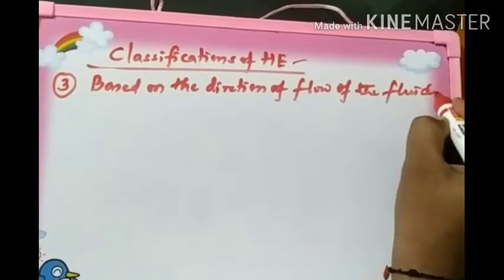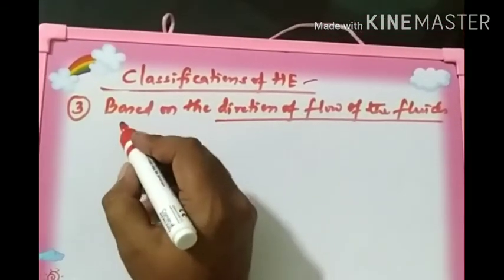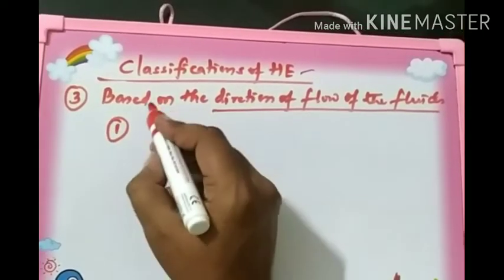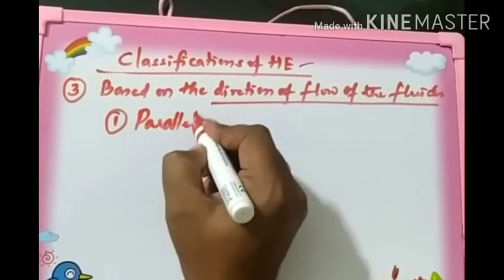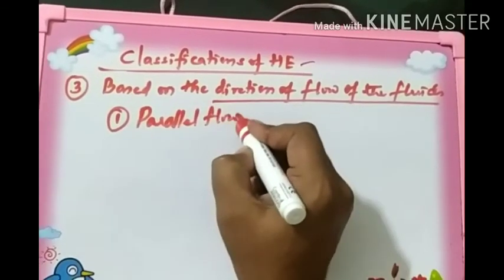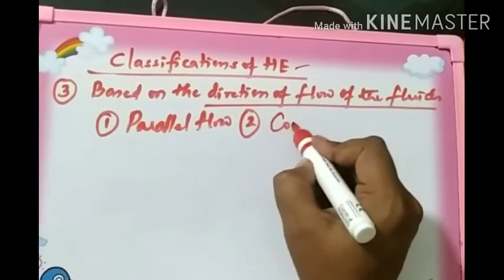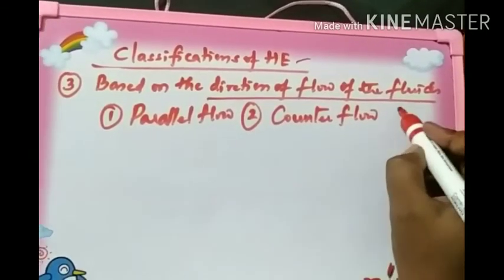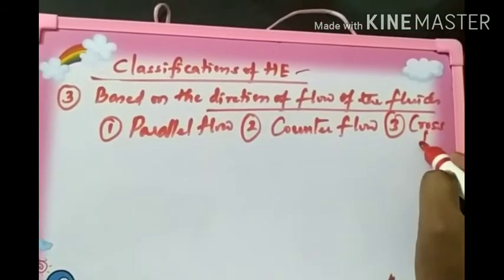Based on the direction of flow of fluids, all the heat exchangers are further classified into parallel flow heat exchangers, second one counter flow heat exchangers, and the third one cross flow heat exchangers.